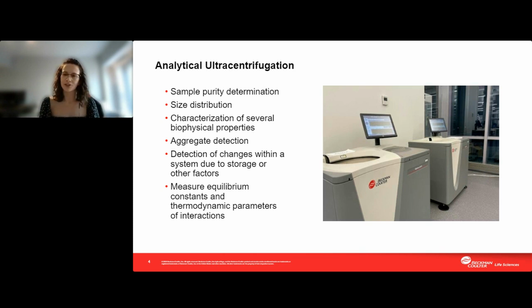That one's a little challenging to do. Sometimes your reaction needs to be on the correct time scale, but it's still a possibility. Along those same lines, you're also able to get information from your samples that are interacting, and you can tell if they're reversible or irreversible interactions. So it can be used for many things, and more things than what's listed here.